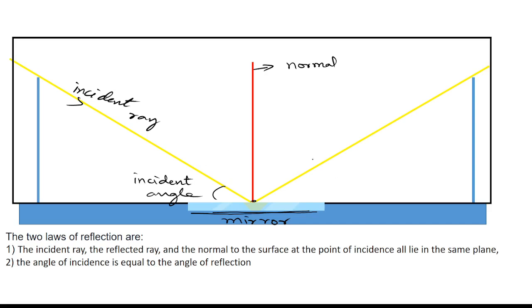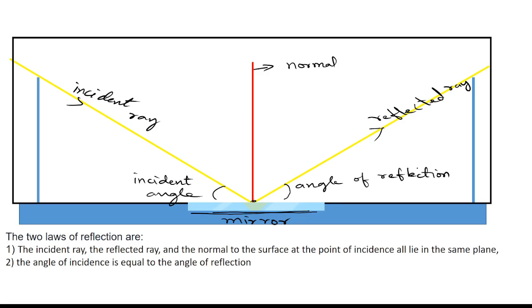And the light which is traveling after striking the mirror, the path of this one is called reflected ray. The angle formed by this reflected ray and the mirror is called the angle of reflection. So we can write angle of reflection.